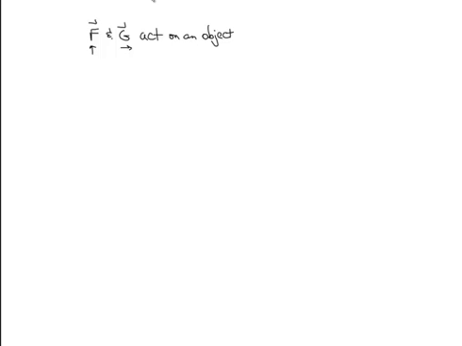And so what that means is we have a vector that acts upward, that's F. Sorry, I would like to keep red for the resultants. So vertically upward, and F, they're going to tell us, is 3 newtons. So this is 3 newtons. G is going to act horizontally to the right, and it's going to be 7. So it's going to be a little bit more than twice as long.